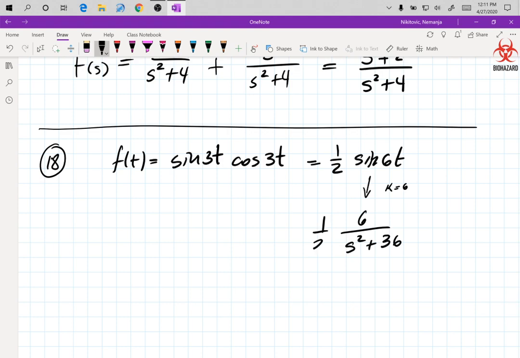And you have a half in front, so your F of s is just 3 over s squared plus 36. That's it. By use of a basic trig identity, you transform this into a single trig function, and you're done.